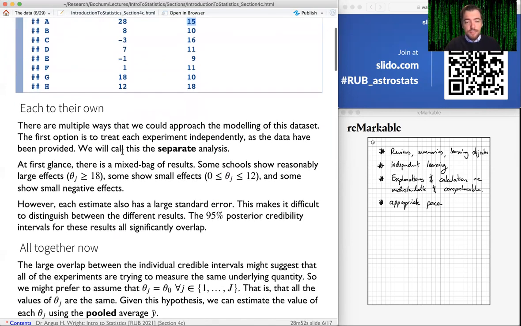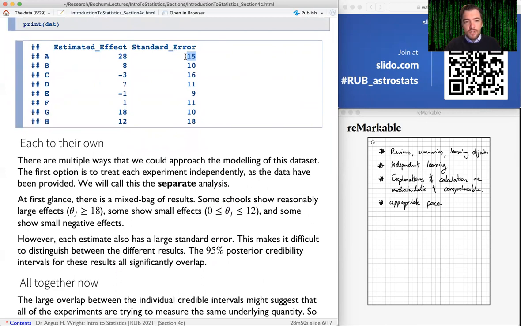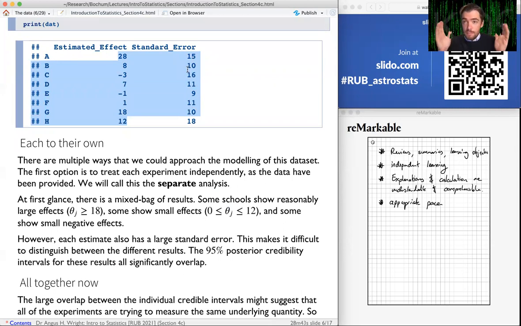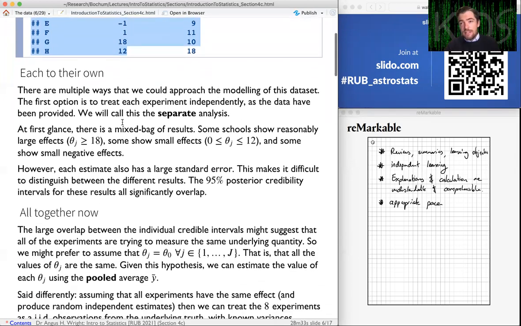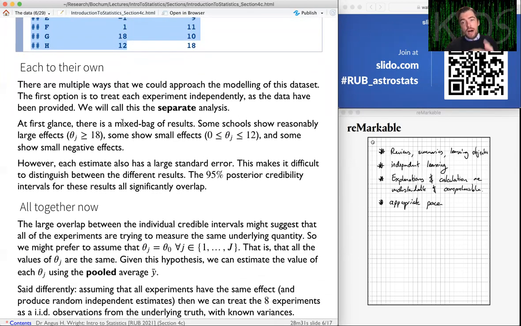That said, if you were to construct a credible interval for each of these values, which is just the 95% bounds given by the error and the value, the overwhelming majority of them will overlap quite considerably. And that then says, well, maybe they are actually drawn from the same underlying population, and what we're seeing here is just sampling variance.